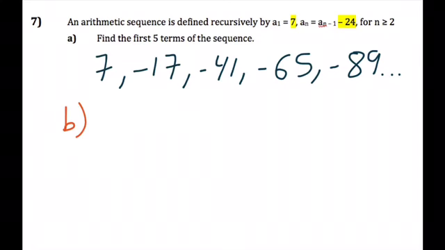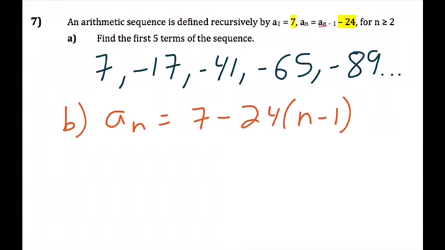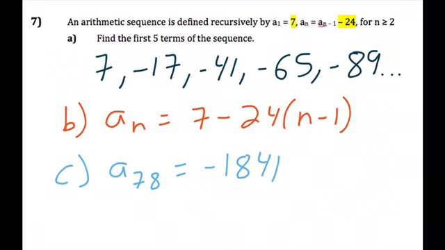For the explicit formula, you should have had a sub n equals 7 subtract 24 times (n subtract 1). And for the 78th term, a sub 78, you should have gotten negative 1841.